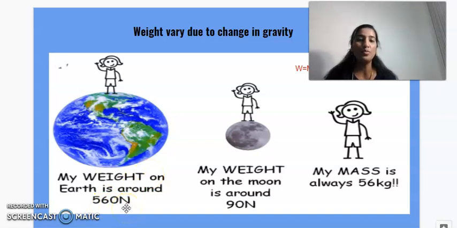When this person moves to the moon, her weight will be 90 Newton, because the weight is always affected by gravity. Whereas mass is always the same. If the mass is 56 kilogram, it's 56 kilogram throughout. It won't change, whereas the weight will change based on the gravity.